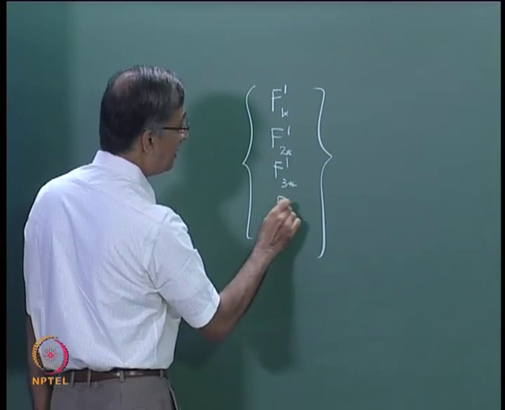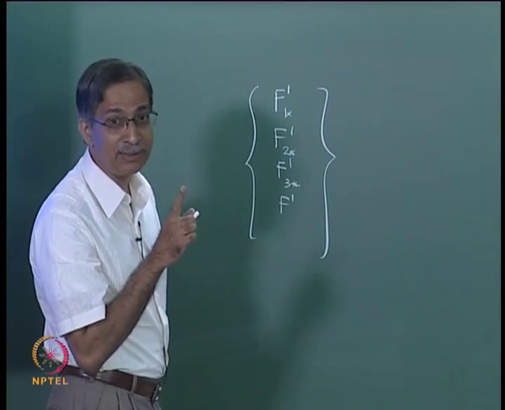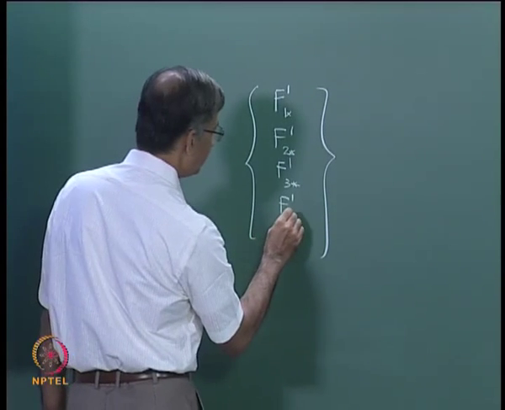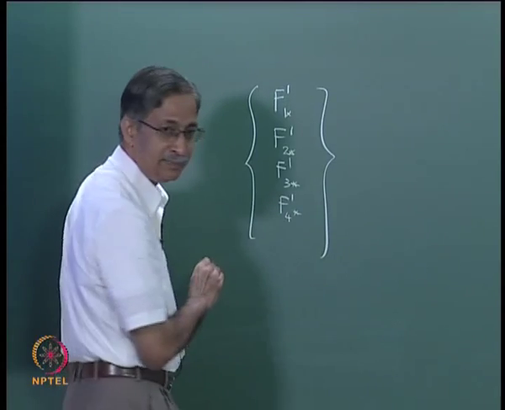By now you know that the truss element has 4 degrees of freedom; we worked out the stiffness matrix in the last class, right. So this is F4 star, got it.